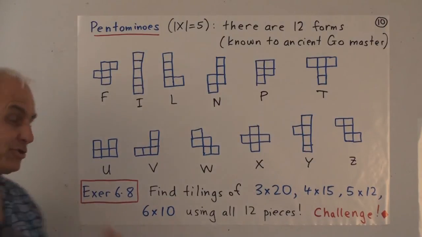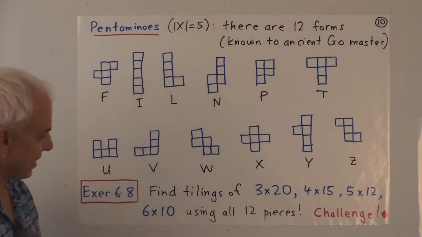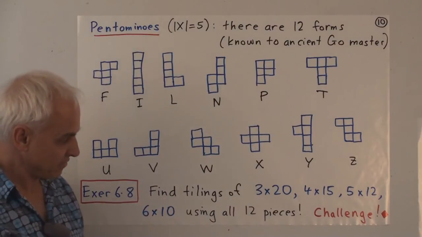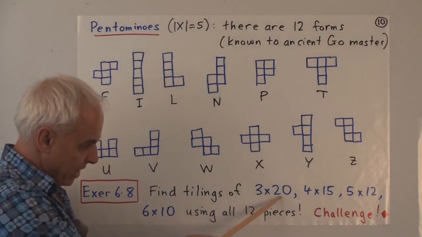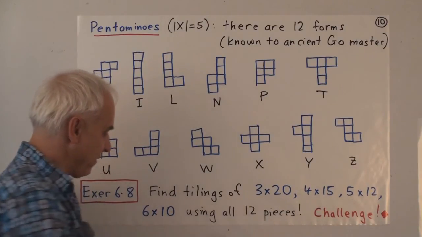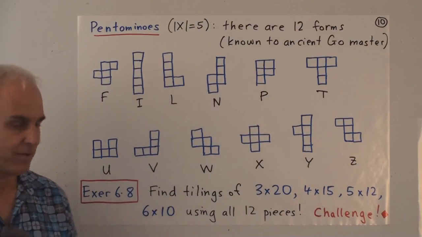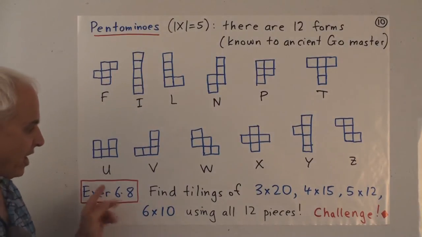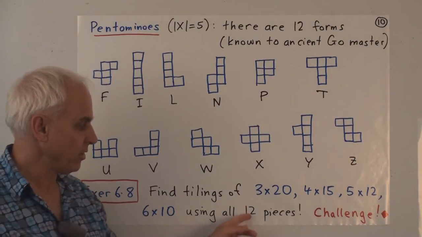A nice little exercise if you want to play around with these: find tilings of some bigger rectangles, a 3 by 20, a 4 by 15, a 5 by 12, a 6 by 10 rectangle. For each one of those, try to find tilings using all 12 pieces.